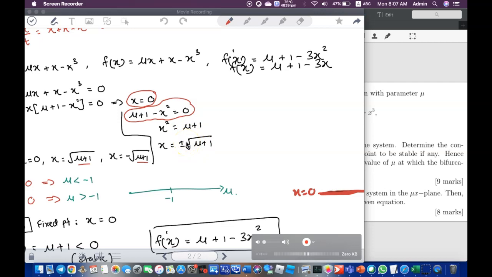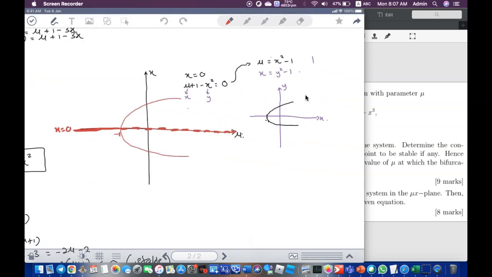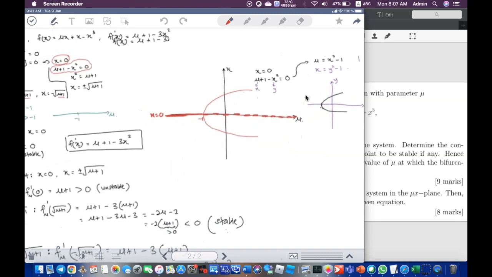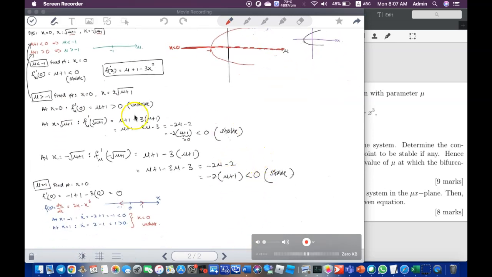Meaning the graph is the same as the quadratic, the difference is that here you make mu equal to x squared minus 1, but before it was x equal to, which is why there is a square root. The graph is the same, only the representation is different. So when mu is greater than minus 1, in this region, those quadratic branches are all stable. How do we know? You investigated that just now. The positive square root means the upper x is positive, so it is stable, and the lower branch, where x is negative, is also stable.